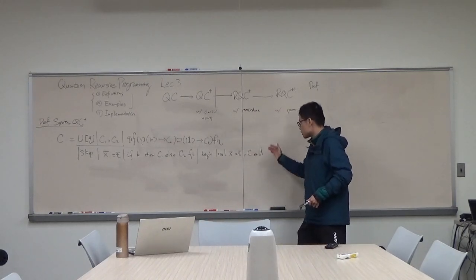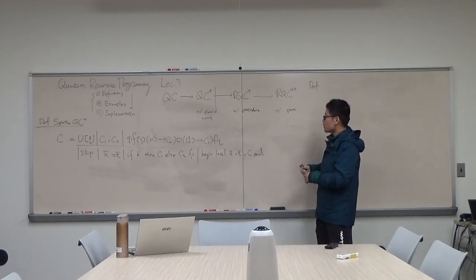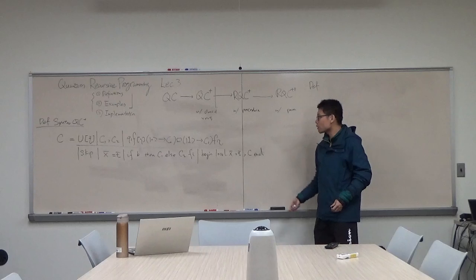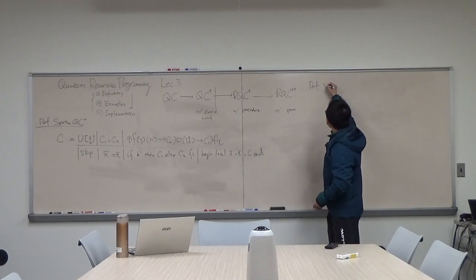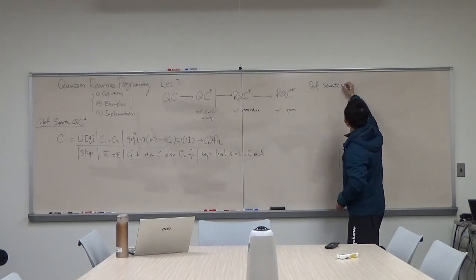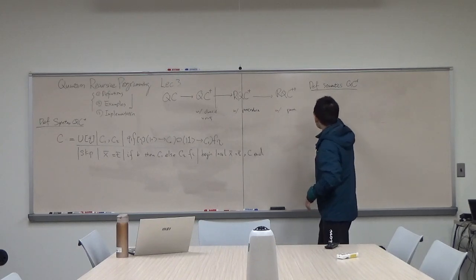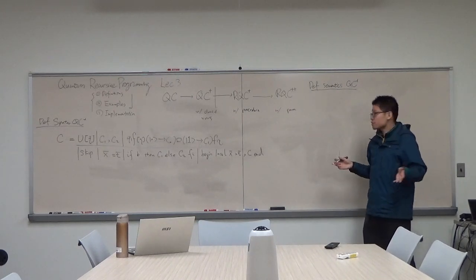And now I will recall the semantics from last lecture. Again, this is the operational semantics of just the QC plus. So we have some transition rules.